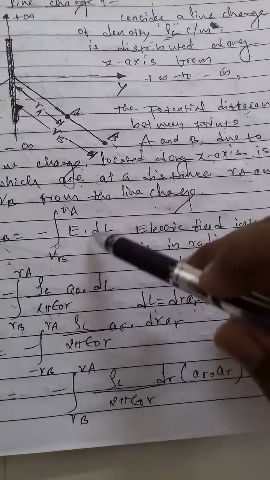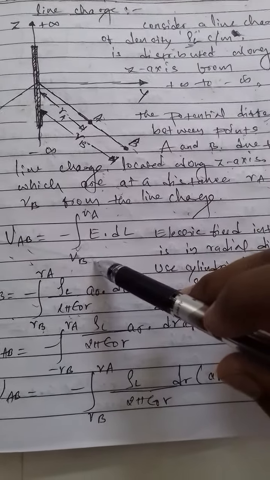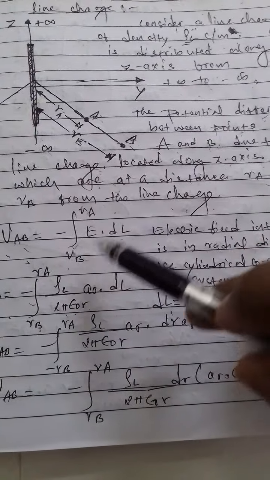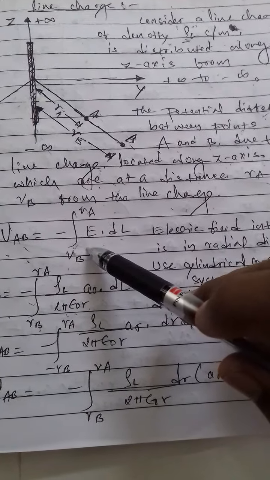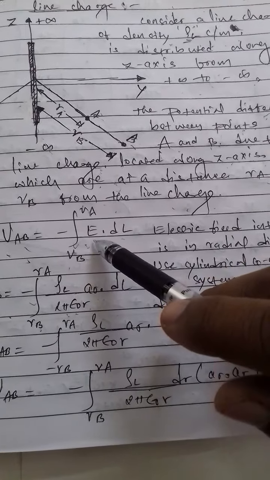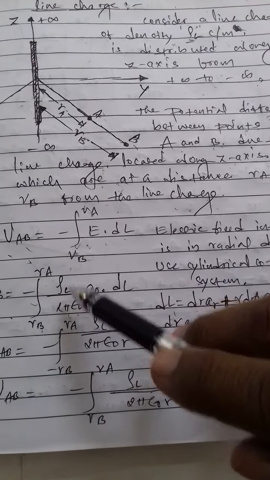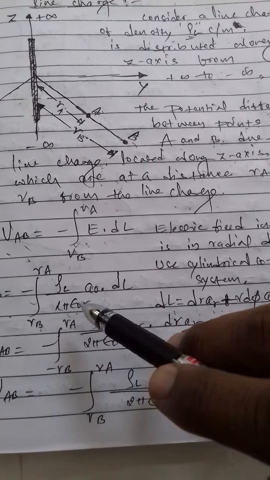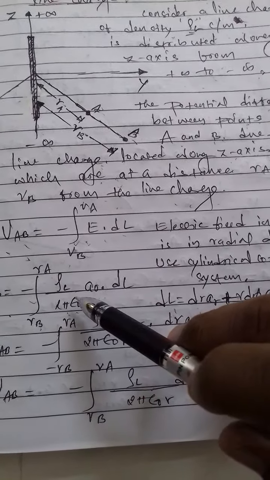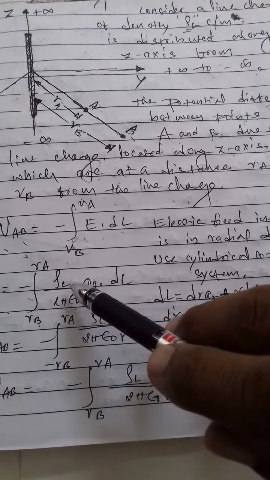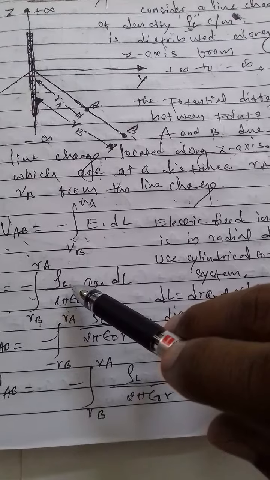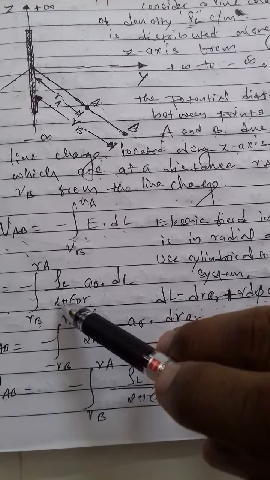So that already we know the electric field due to an infinite line charge at a point which is at a perpendicular distance from the line charge.